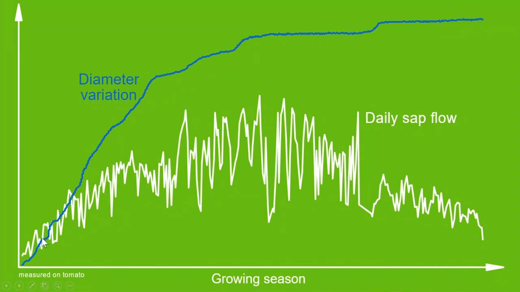In the beginning, we have low sap flow because the plant has less leaf area, so there's less transpiration, and the sun is less intense, of course. And also in October, we see that the sap flow is lower. We're an international public, so this can shift from month to month depending on where you are on this planet. But this is the main trend we will see here in Europe.